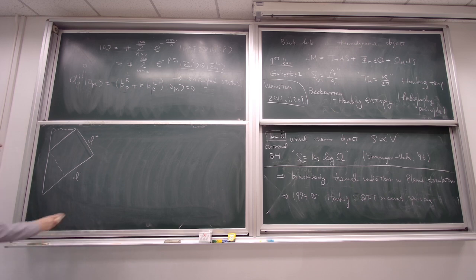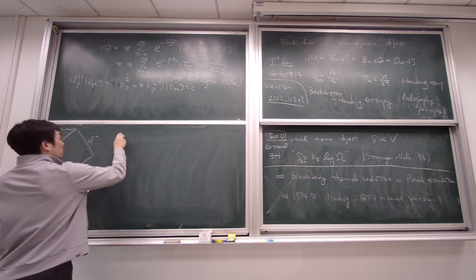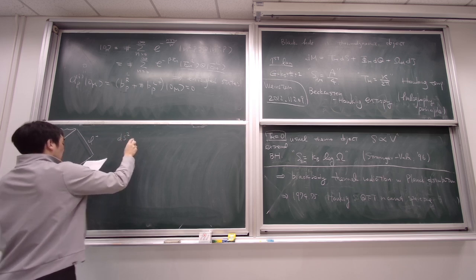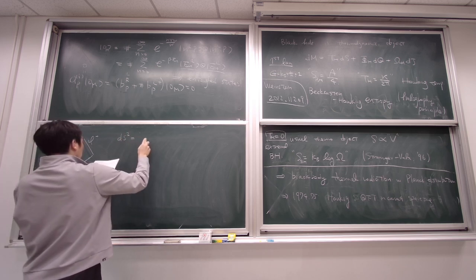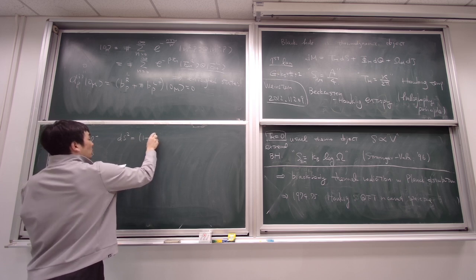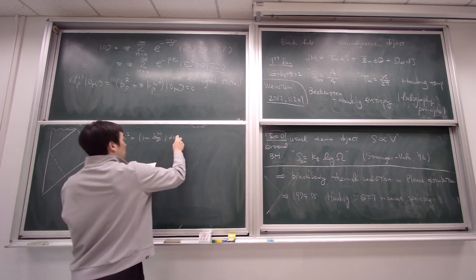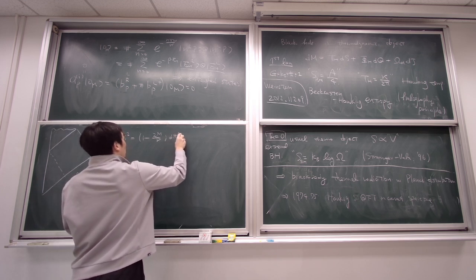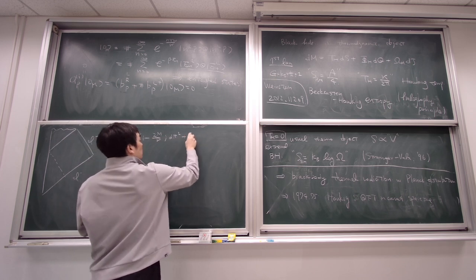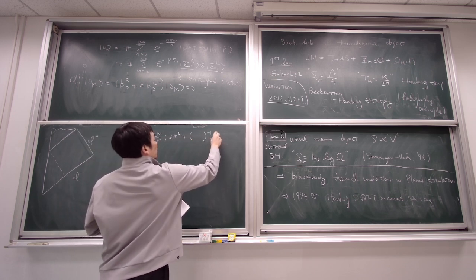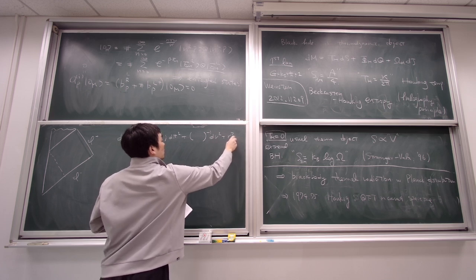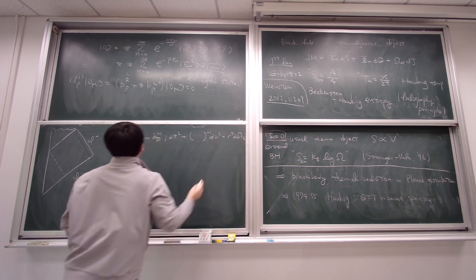We have ds squared equal to (1 minus 2m over r) dt squared minus the inverse times dr squared plus r squared d omega squared.